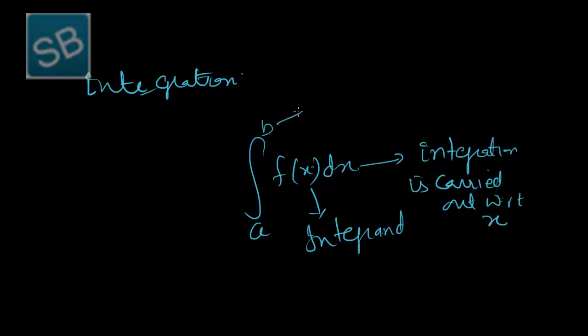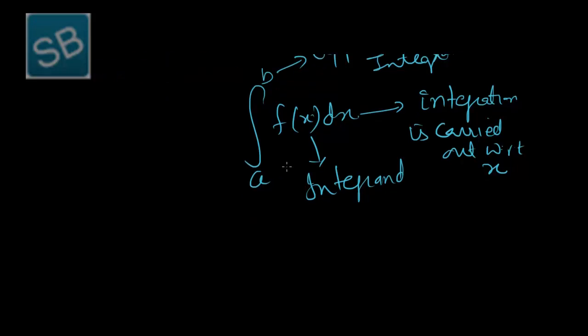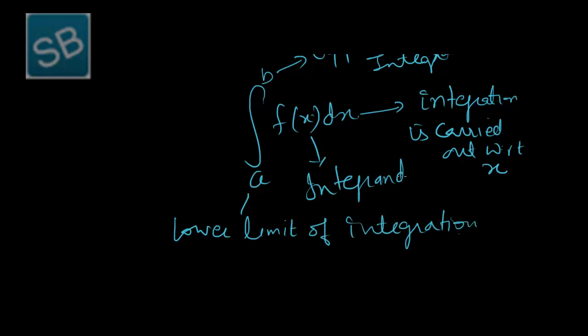And what is meant by b? b is the upper limit of integration. And what is meant by a? a is the lower limit of integration. That is the whole concept in symbolic form.